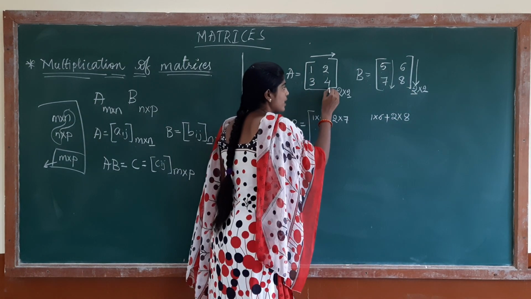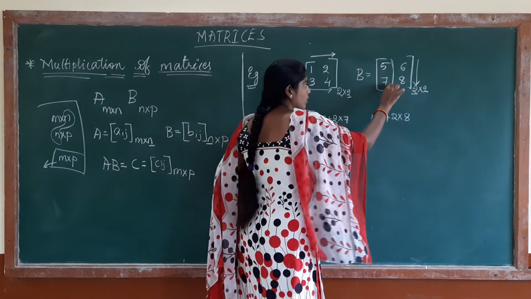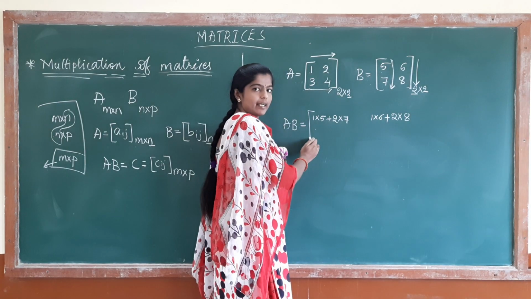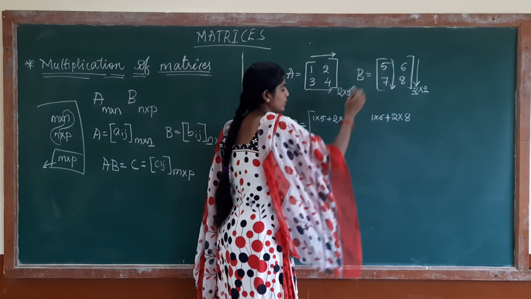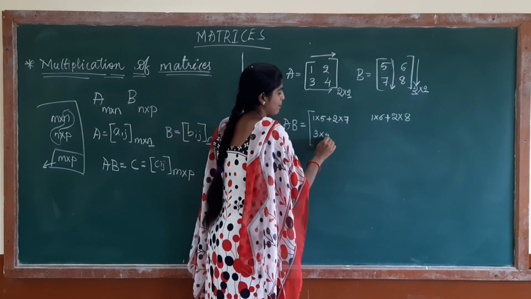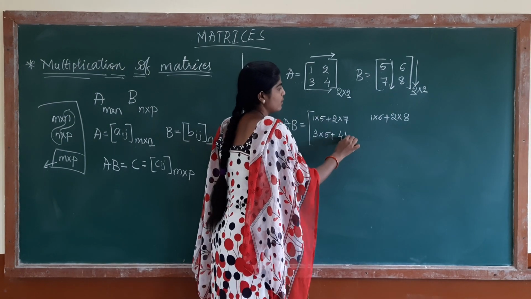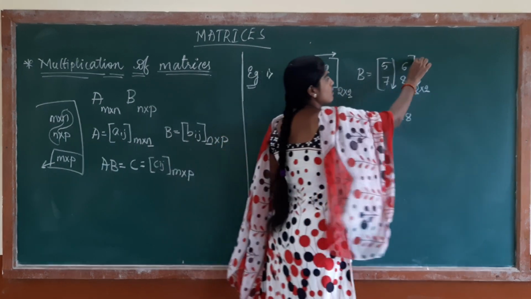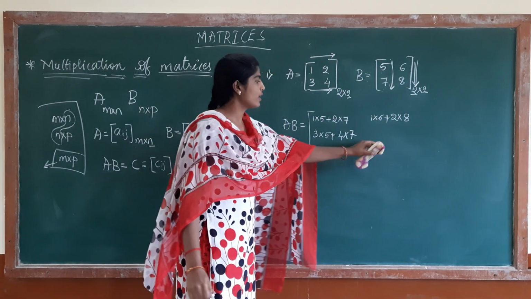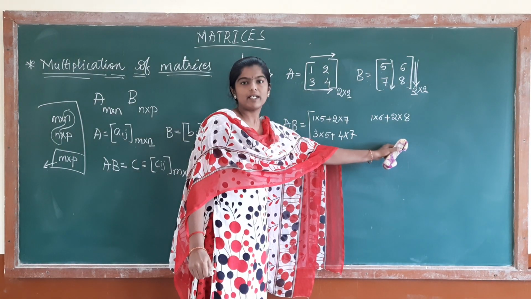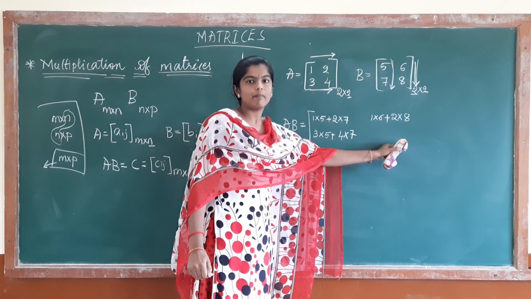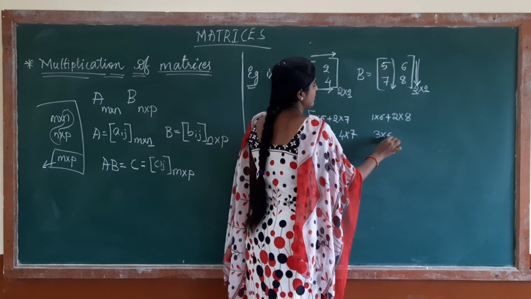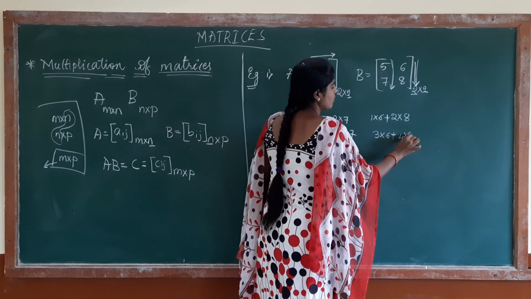Next we take the second row, first column, and write it in the second row: 3 into 5 plus 4 into 7. Similarly, second row, second column, we write in the fourth element of the multiplied matrix: 3 into 6 plus 4 into 8.